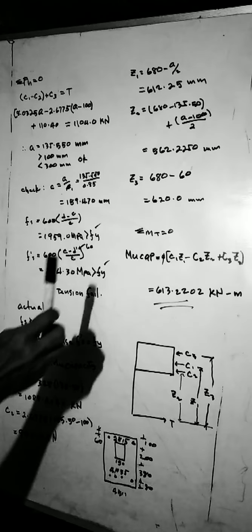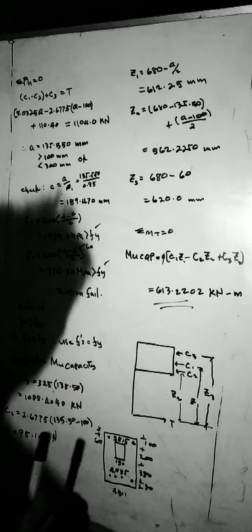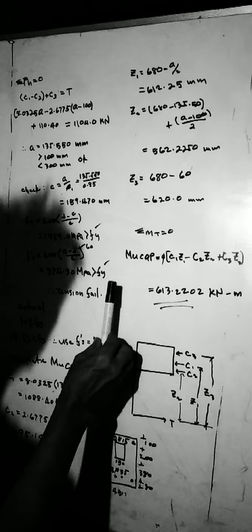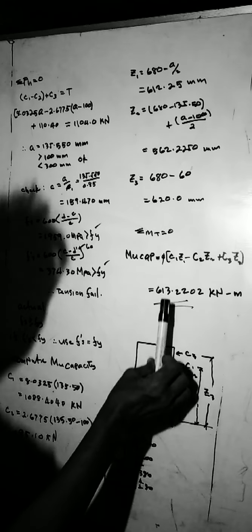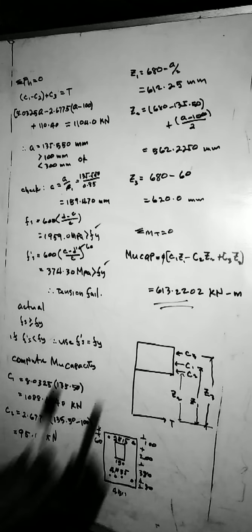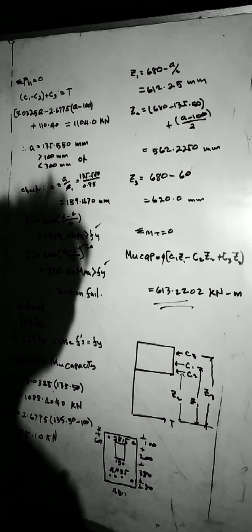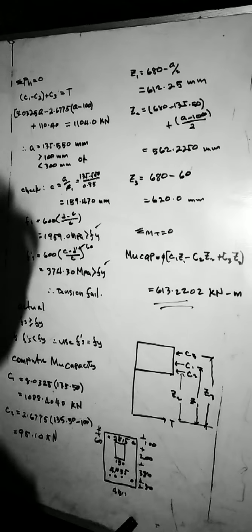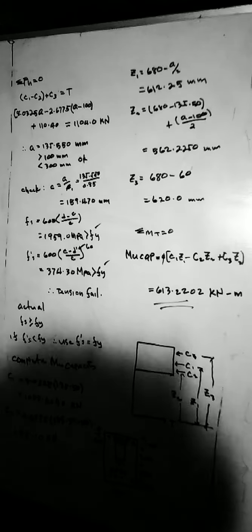So we will substitute all the values that we have, C1, C2, C3, and then we will have 613.2202 kilonewton meter. That is the moment capacity of this section. So that is the answer of the requirement letter A.